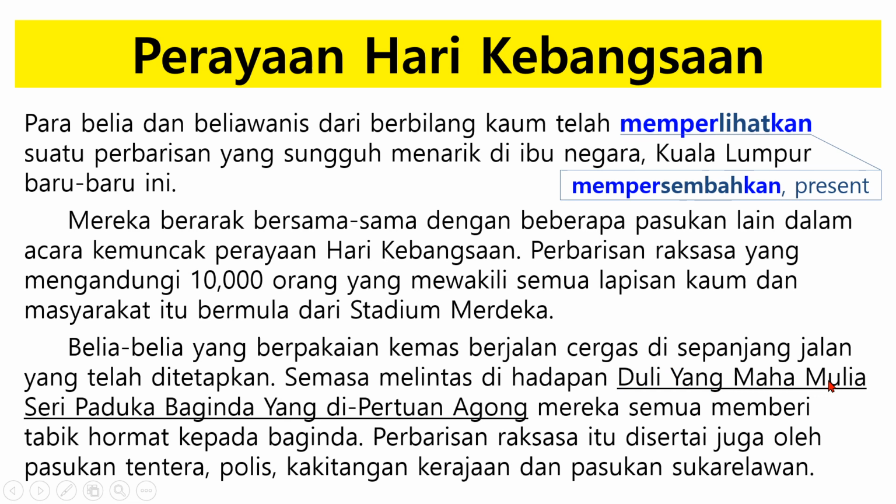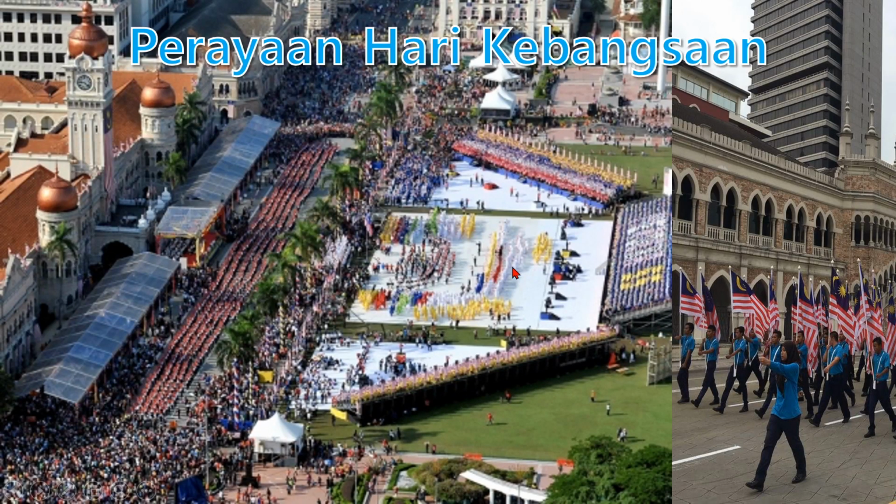Duli Yang Maha Mulia is the title given to the Grand King, the ruler, the King of Malaysia. Seri Paduka Baginda is also the same. This is the photo of Perayaan Hari Kebangsaan, National Day celebration in Merdeka Square.